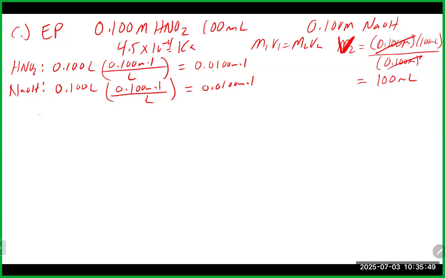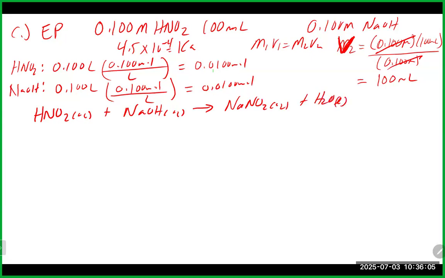So if we do our ICE table here, we will have our HNO2 plus our sodium hydroxide giving us our sodium nitrite and our water in this case. Initially, 0.01 moles. We are at the equivalence point, so 0.01 moles for this.